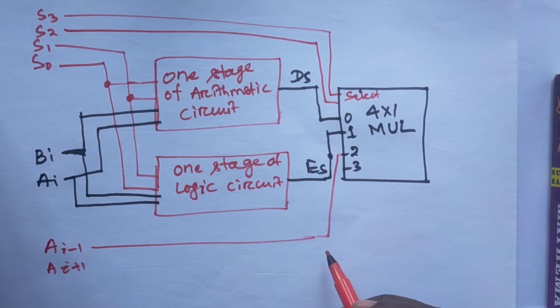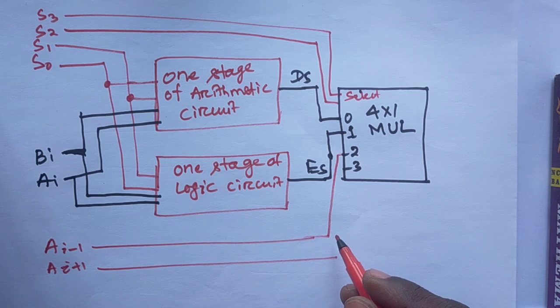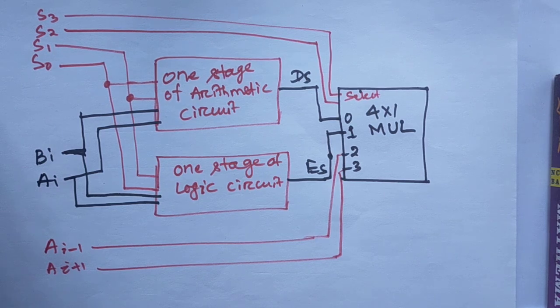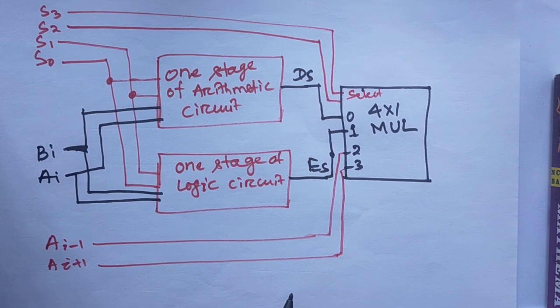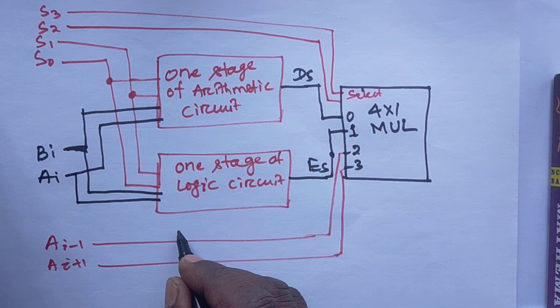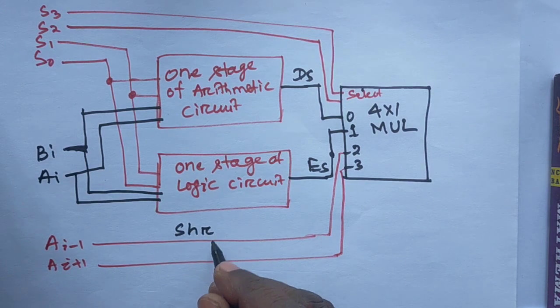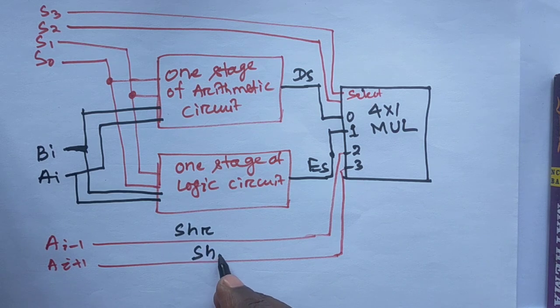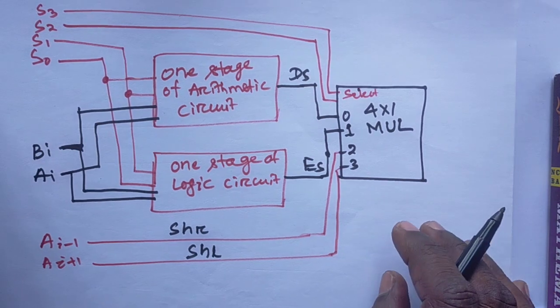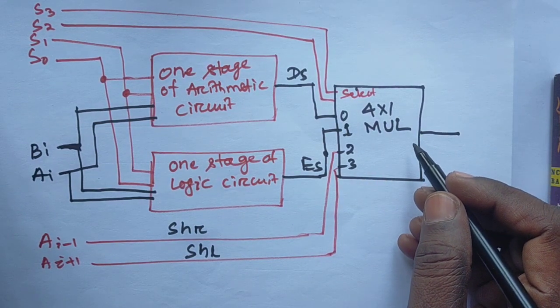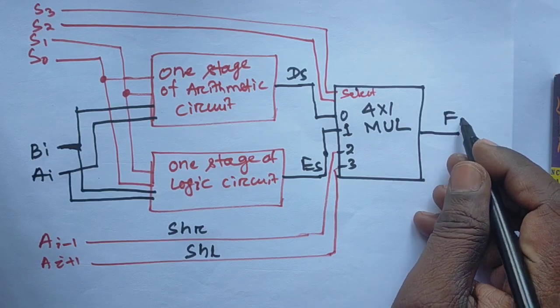Here one is shift right, another is shift left. I will show you, then you can understand. Shift right, shift left. And what output can we get from here? One output, that is Fi.